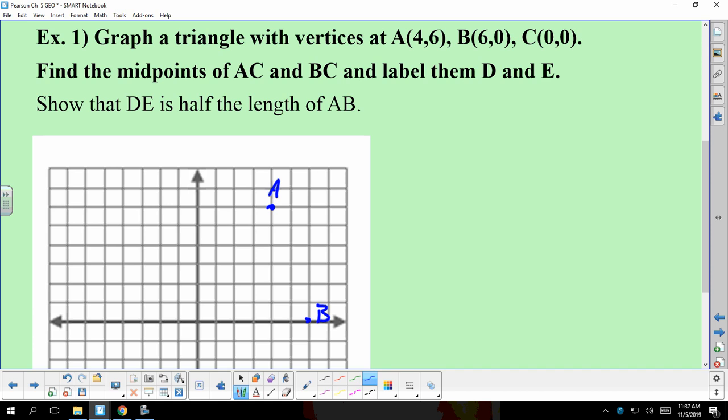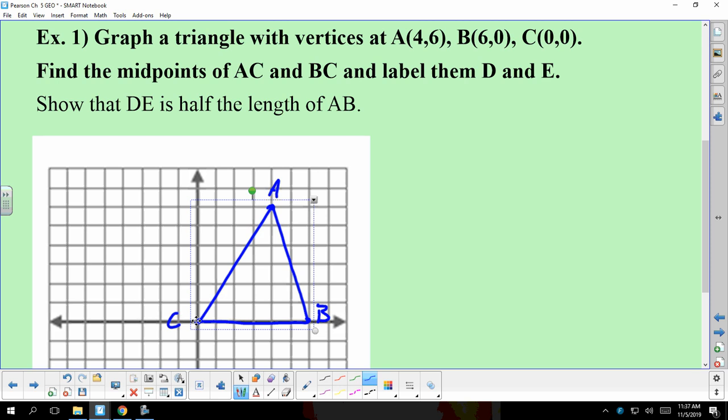And C is at 0, 0. All right, we have our triangle. Now we want to find the mid-segment.